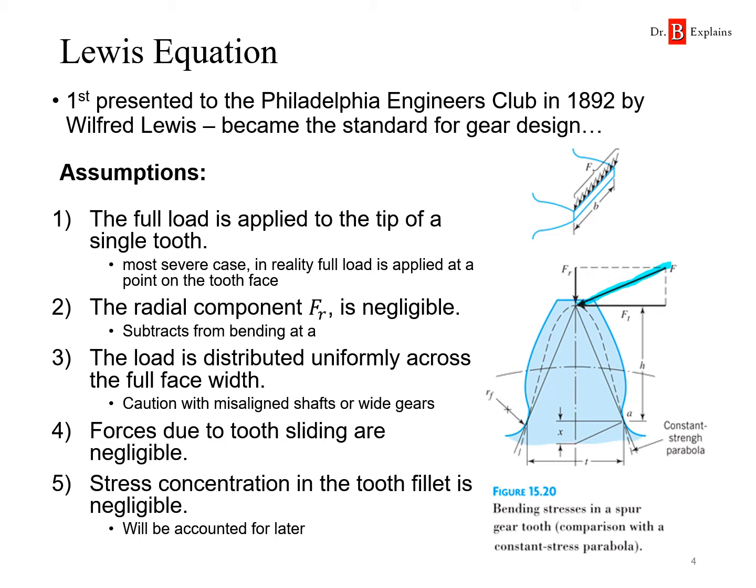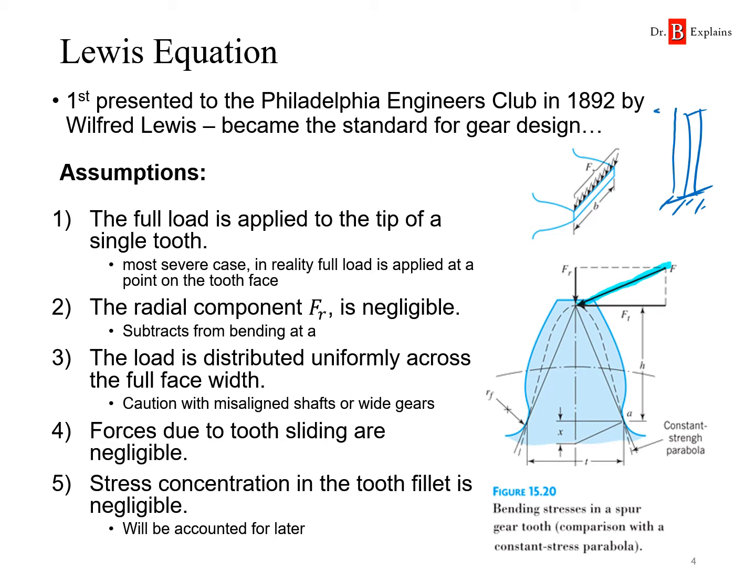And so here are some of the assumptions that are going to come into this Lewis equation. The first one is that the full load is going to be applied at the tip of a single tooth. Again, remember, we're considering that tooth as a beam in cantilever, right? Where's the worst case scenario, where if let's say the force is constant, where would it make the highest bending?